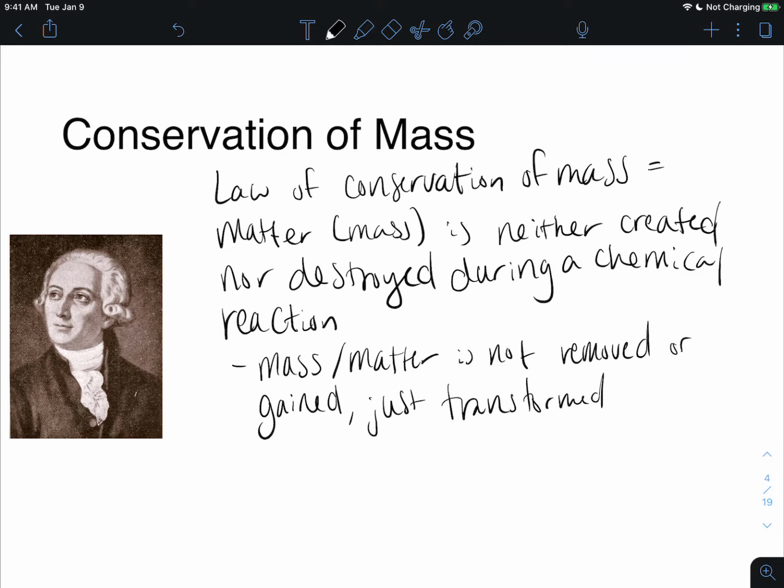Okay, and this was first stated by this guy right here, French scientist Antoine Lavoisier.